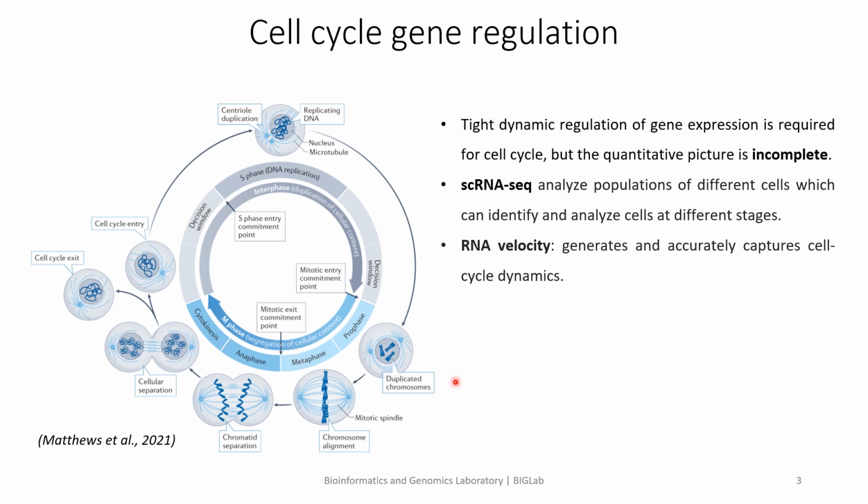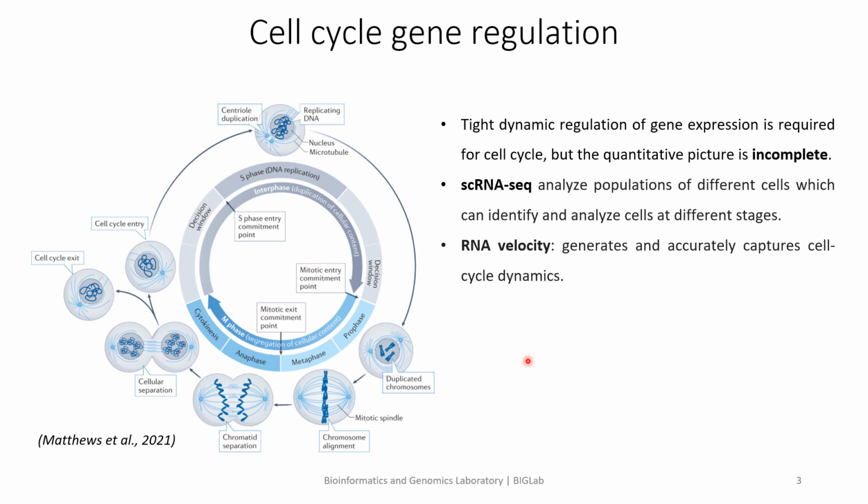And deep into the molecular pathway, a lot of genes related to the cell cycle were found in many various studies, but the quantitative picture of the tight dynamic regulation of gene expression is incomplete. So the authors did this study to comprehend cell cycle gene regulation using single-cell RNA sequencing data and RNA velocity.